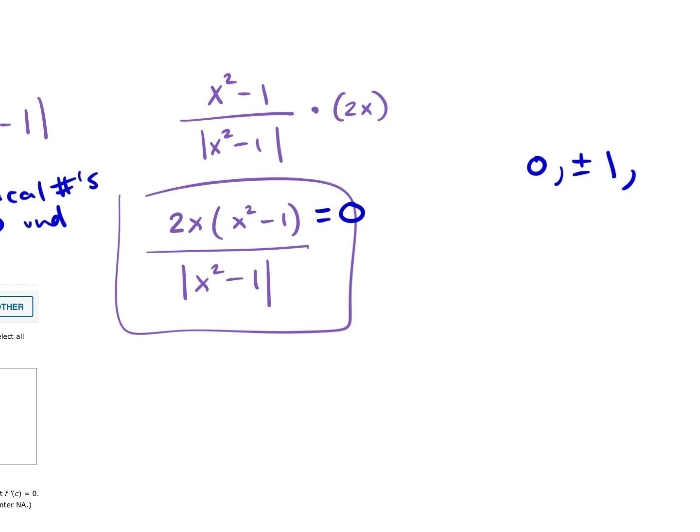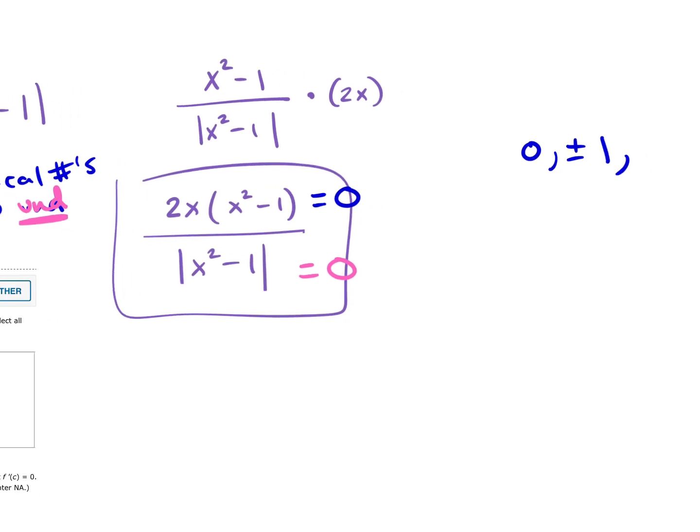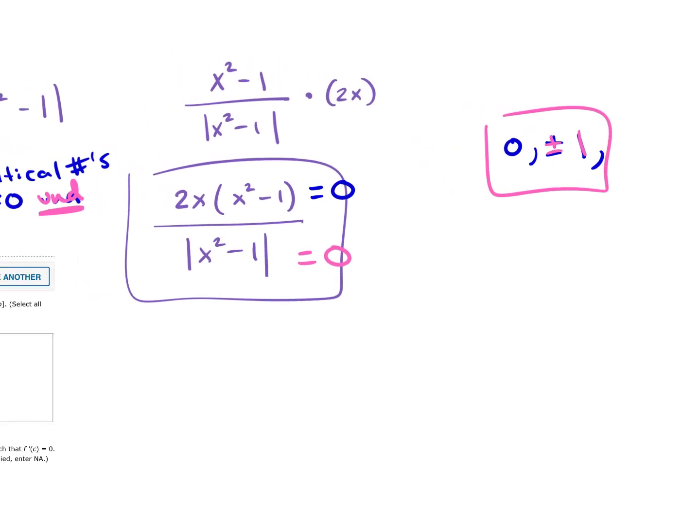Plus or minus 1. And then to find where it's undefined, what would we need to do? Set the denominator equal to 0. So it would also be plus or minus 1. You don't have to relist them, but those would also be critical numbers.